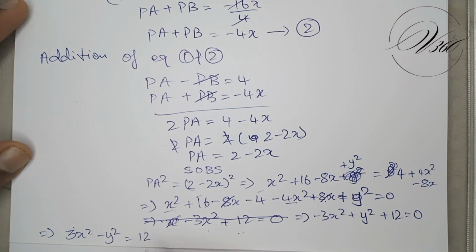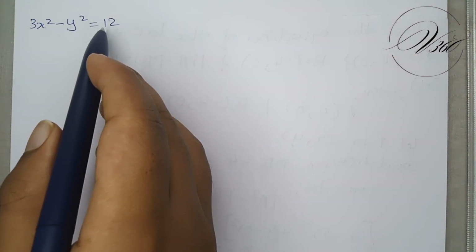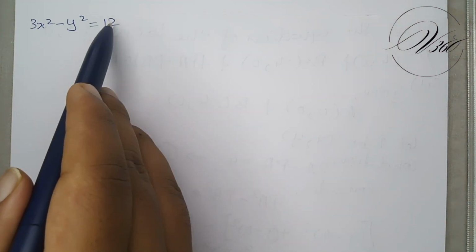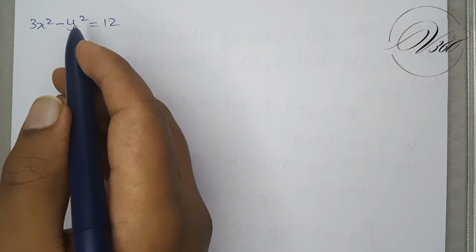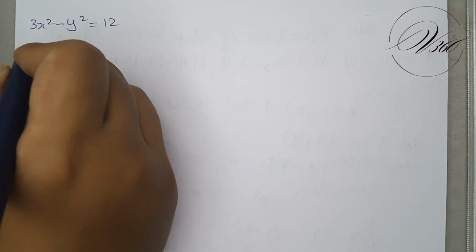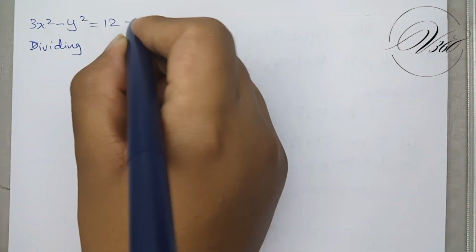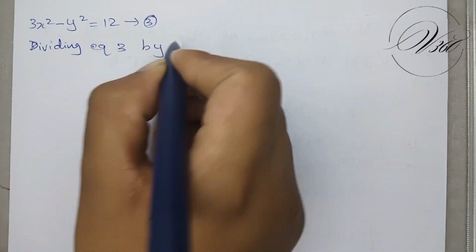Okay. Now we'll further simplify this. How? Wait a second, I will tell you. To further simplify this, we have to remove this number. What is common here? 3 and 12. 12 is divisible by 3, so we'll divide it. We'll take this third equation, dividing equation 3 by 12.